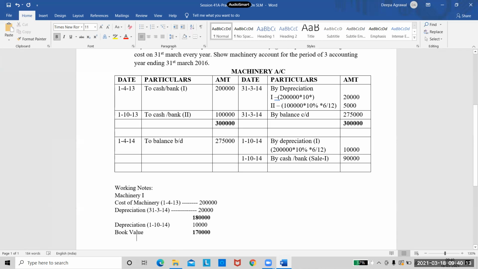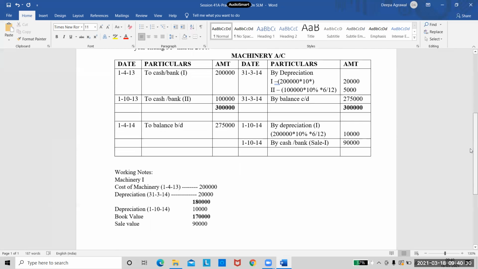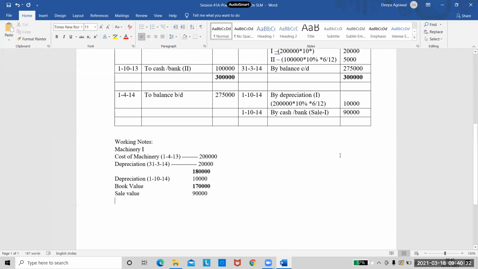So now take the sale value. So my sale value is how much? 90,000. So my book value is 1,70,000, but my sale value is 90,000. So do I have profit or loss? I have a loss on sale of machinery.